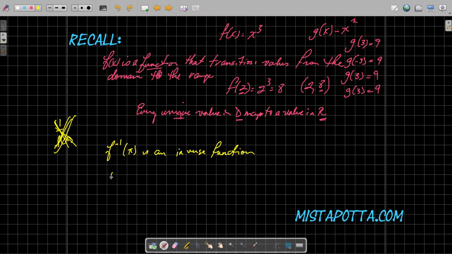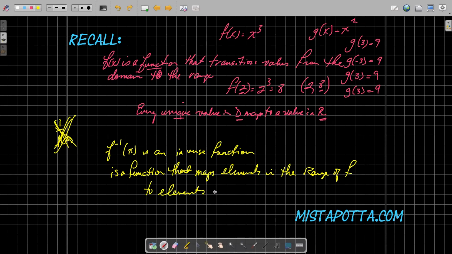So this is a function that maps elements in the range of f to elements in the domain of f.